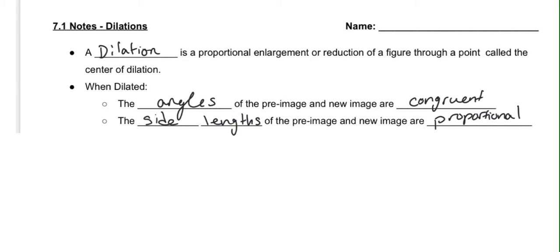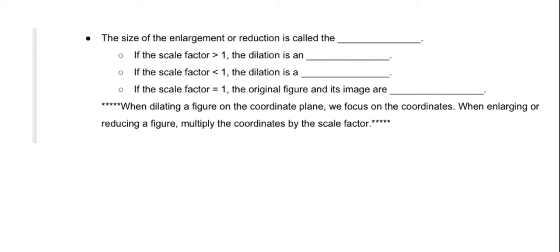All right. Now, if we look at the size of the enlargement or reduction, this has a certain name, and this is called the scale factor. If the scale factor is greater than 1, so larger than 1, then it's going to be an enlargement.